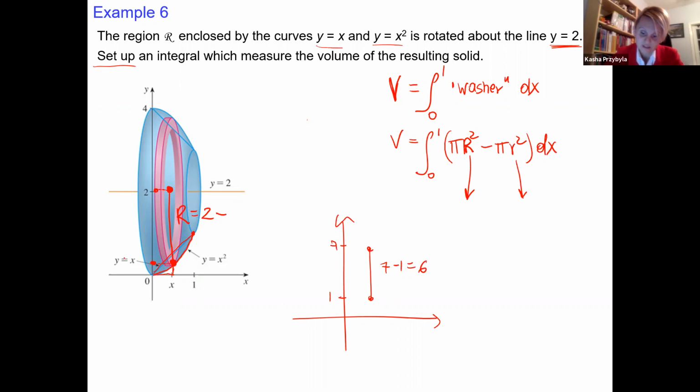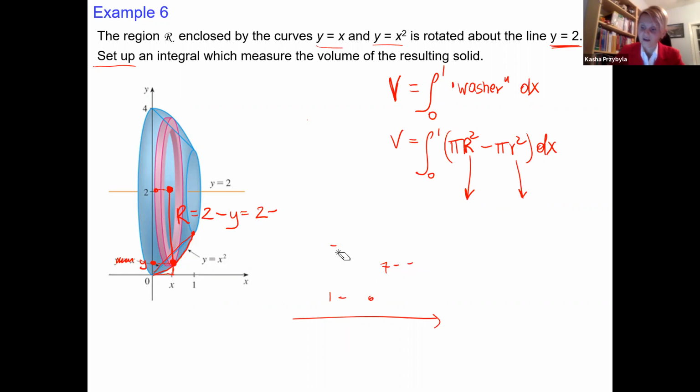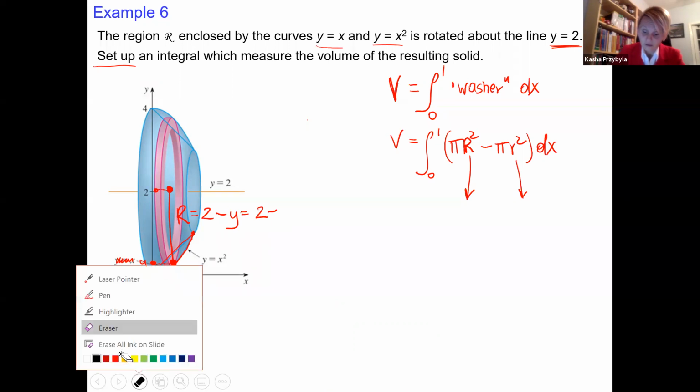Let's ignore this one because it's for the line. This is y, but how is this y defined? I can say 2 minus y, but I'm not happy with y. I need the formula in terms of x. What function is this dot touching, the parabola or the line? Parabola. We just need that y in terms of x.